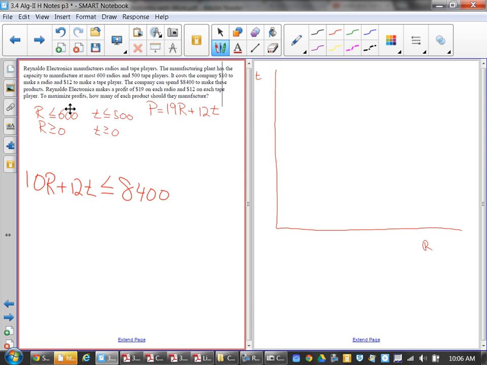Okay, so my R-intercept is going to be at 840. What is my T-intercept? 700. Wait, 12 times 7 is 84, and then 700.